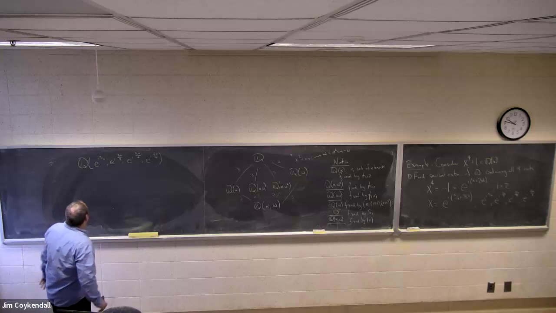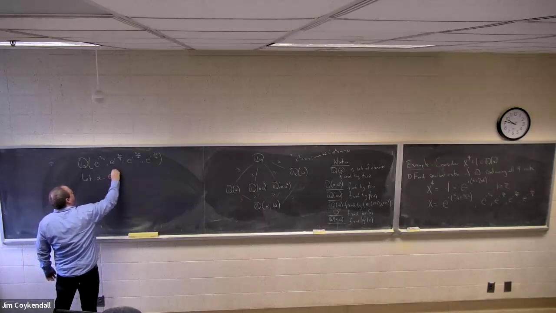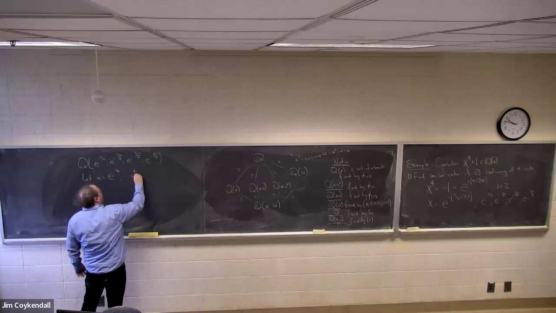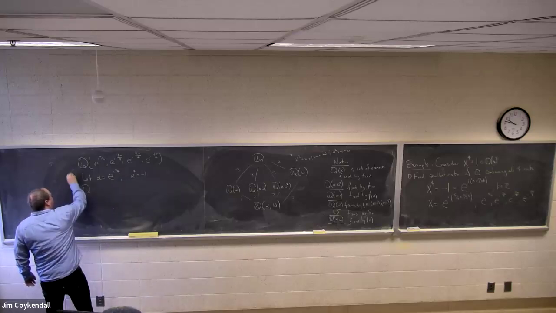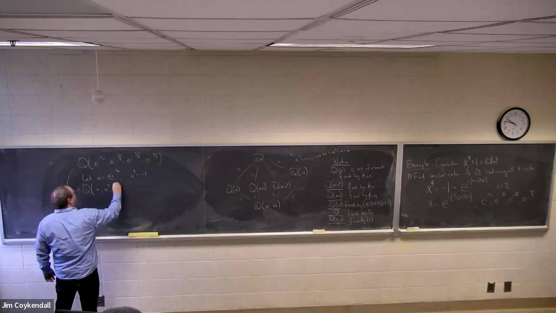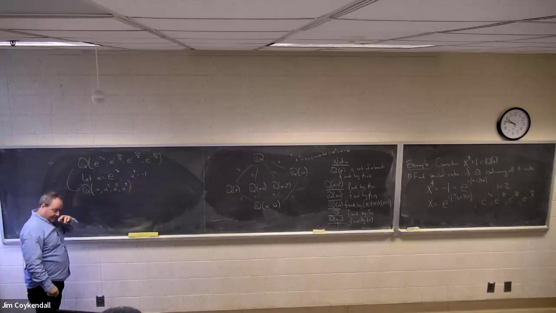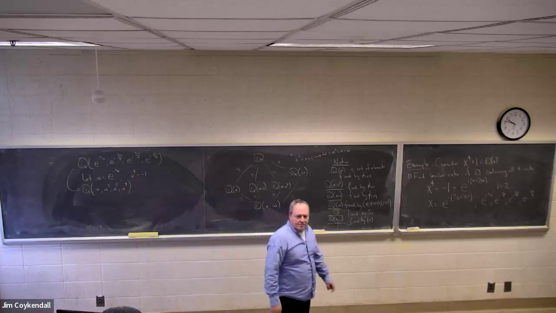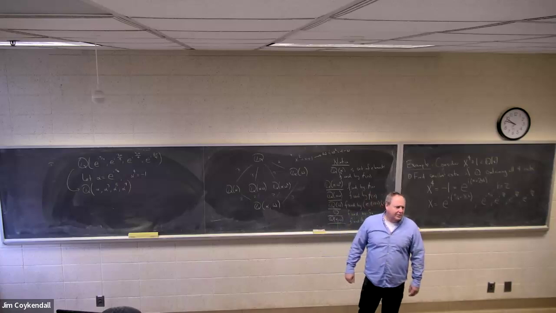Actually, let me. Alpha to the 4 is minus 1. And this field is actually Q. And actually, there's a lot of redundancy here.